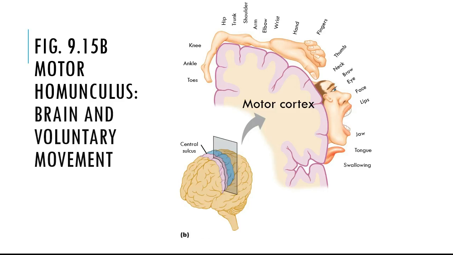They look disproportionate because the brain has a disproportionate amount of gray matter devoted to controlling different parts of the body. So the bigger something is shown, the more motor control is dedicated to that part of the body. So we can see a lot of gray matter is dedicated to controlling our what?